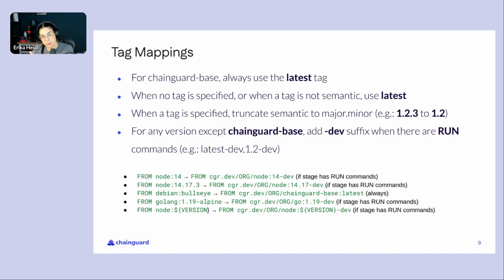This is something important. Most of our images have a dev variant that is a full image with the tools that you need to build packages, install dependencies, and create a more custom image. And the regular latest tag is usually a distroless image.